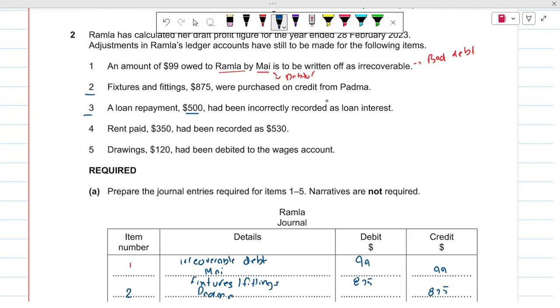That's the reason we have to decrease the expense. Okay. So the entry we have to make is loan repayment would be debited and loan interest would be credited.